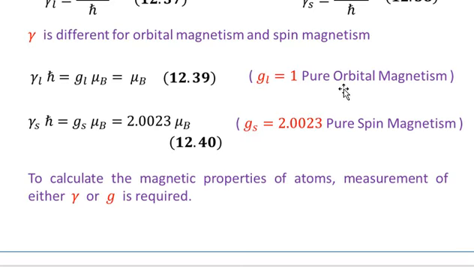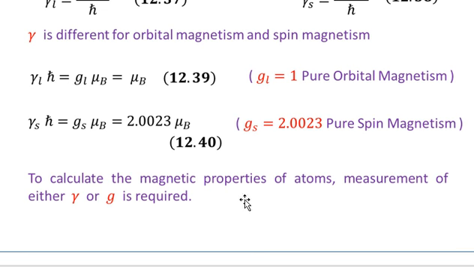So for the case of pure orbital magnetism and for the case of pure spin magnetism, you can notice the parameters in equations number 12.39 and 12.40.